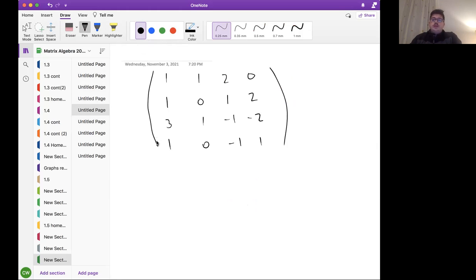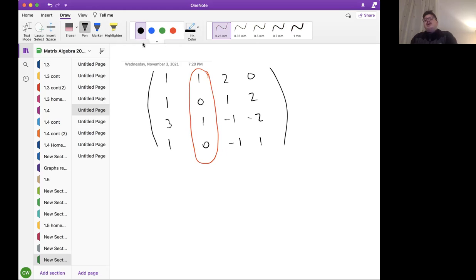What do you think we can do here? What row or column would be the easiest to work on? Well, row 3 has no zeros, so I think column 2 might be the easiest. Yeah, because this one has 2 zeros.